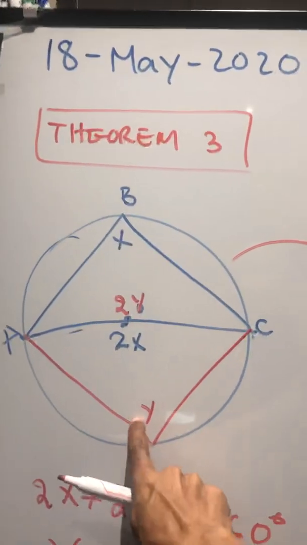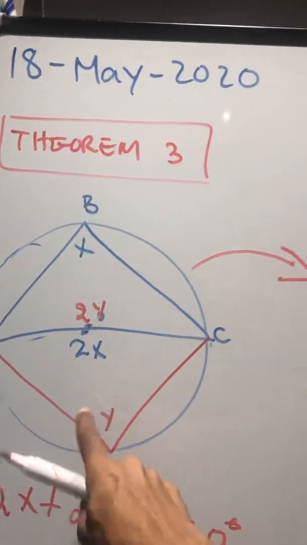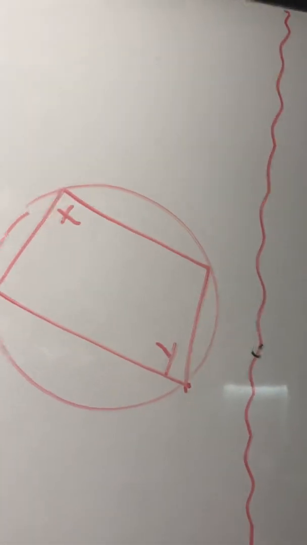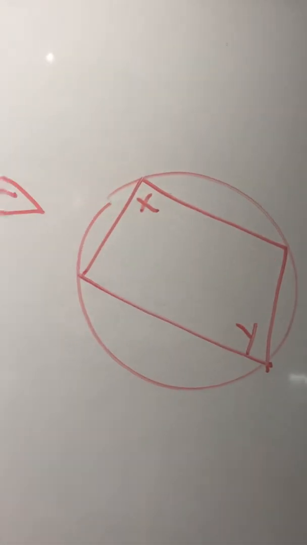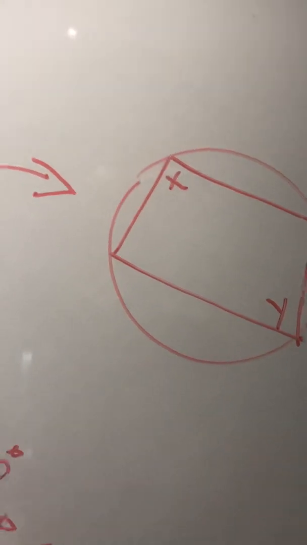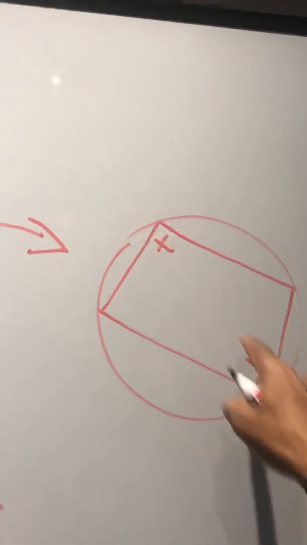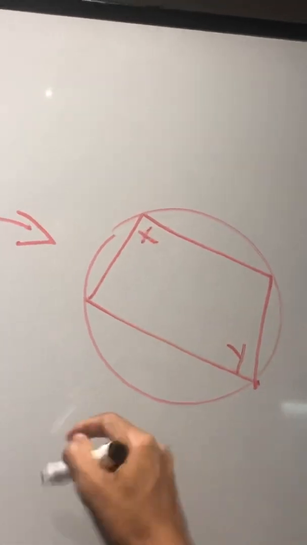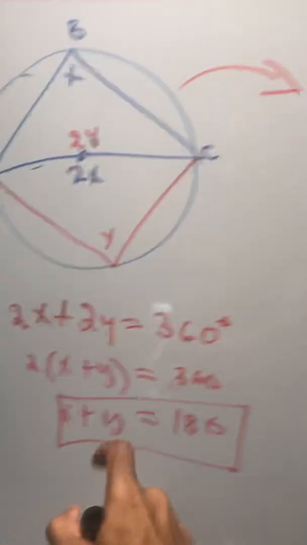As you see here, x and y are opposite. So we can say opposite angles of quadrilaterals add up to 180.